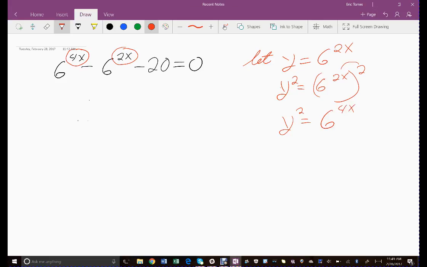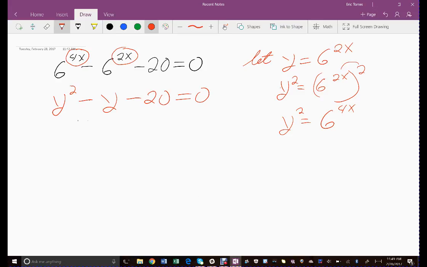And now I've gotten rid of both of my hard exponential components and replaced them with power functions. So let's say I now have y squared minus y minus 20 equals 0. And I can easily solve this equation for y. So I can factor this.